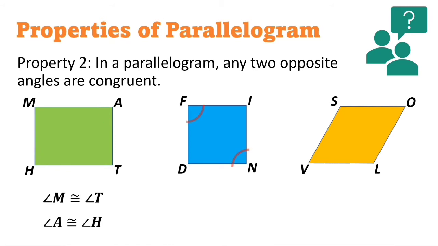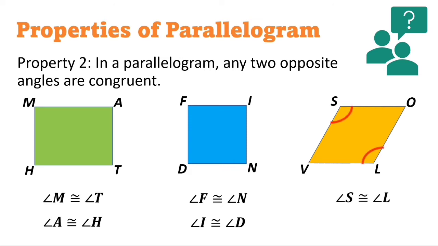Now let's move on to the next parallelogram. Angle F is congruent to angle N. And another, angle I is congruent to angle D. Now, on the third parallelogram, I want you to identify two opposite angles that are congruent.